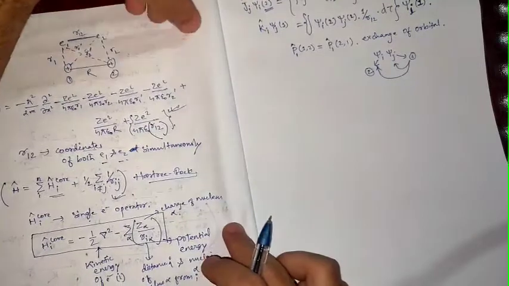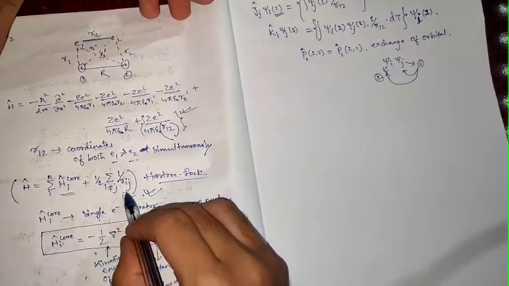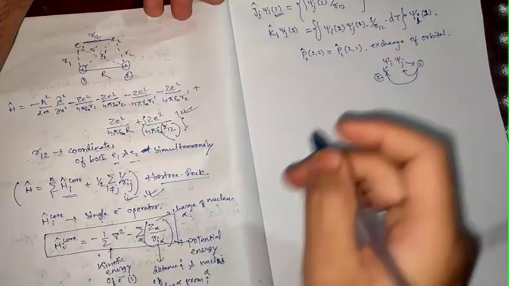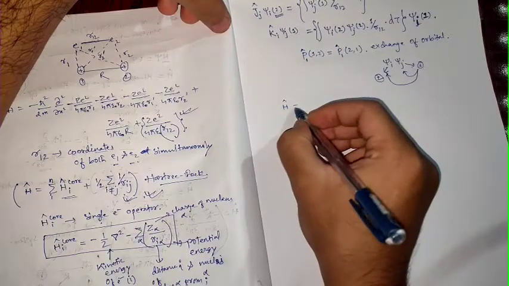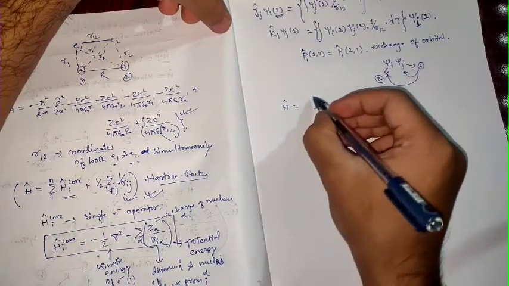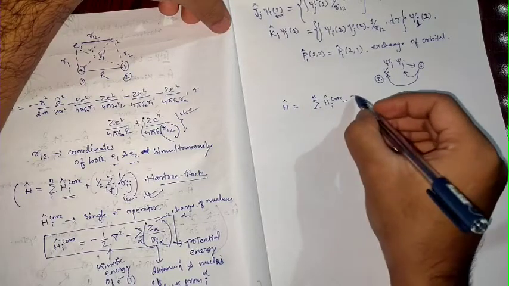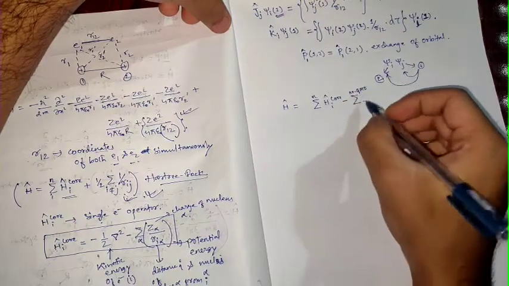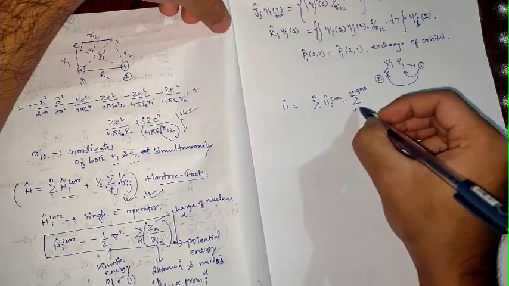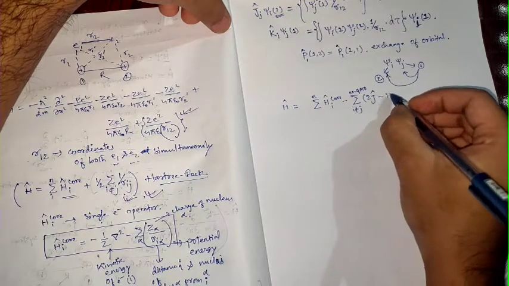So after combining this Coulomb operator and exchange operator in the Hartree-Fock equation, H cap becomes the summation of n H cap core I, minus the summation over the number of MOs, molecular orbitals, of 2 J cap minus K cap.